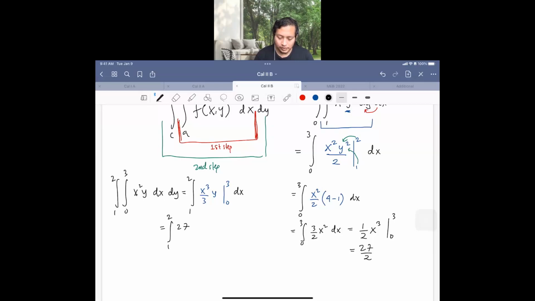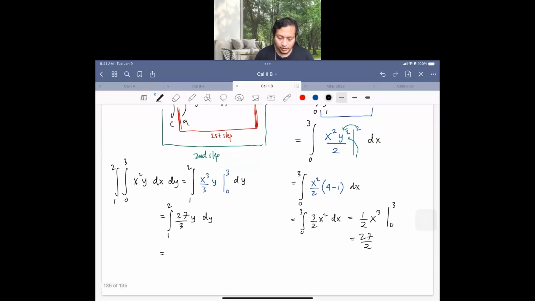So 27 over 3 y, and then, oh sorry, it's dy. From here we get 27 over 3 times y squared over 2 from 1 to 2. So 27 over 3, and 4 minus 1 is 3, over 2. So we get the same result, 27 over 2.